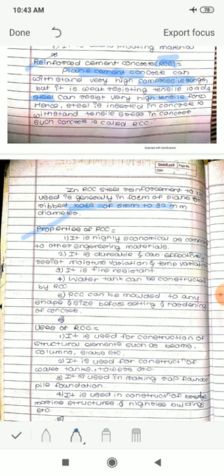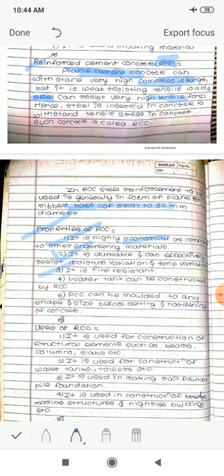Next, the properties of RCC. The first one is that the RCC steel reinforcement or RCC bars should be available cheap and economical. Next, it should be durable, and its maintenance cost should be low.